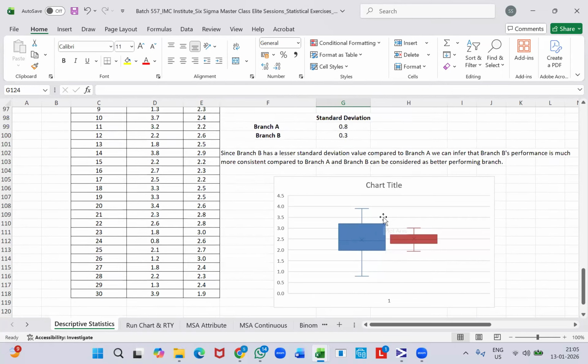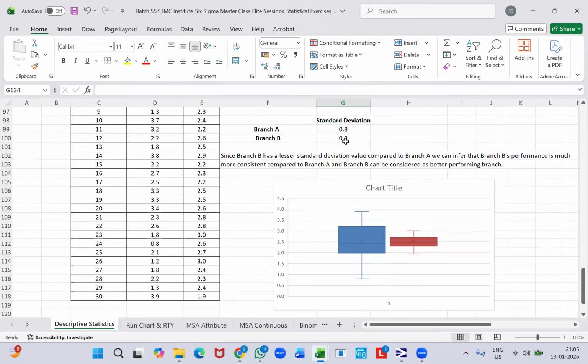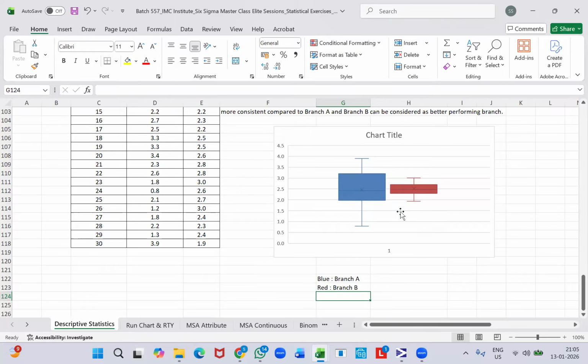And that is why we get the standard deviation value as 0.3 against 0.8 for branch A, right? So this is clearly coming out in this box whisker plot as well.